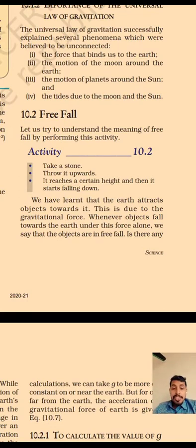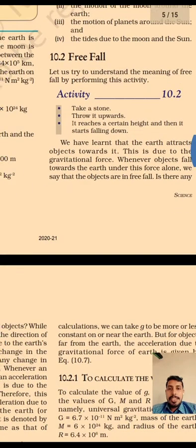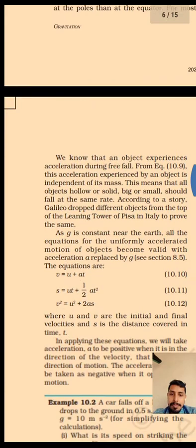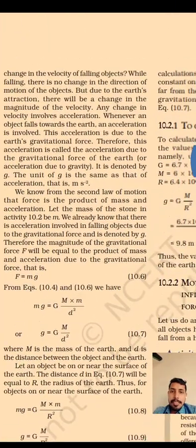At the top, the velocity will be 0 because it starts to fall down. If you throw a stone upward, it reaches a certain height and then comes back.